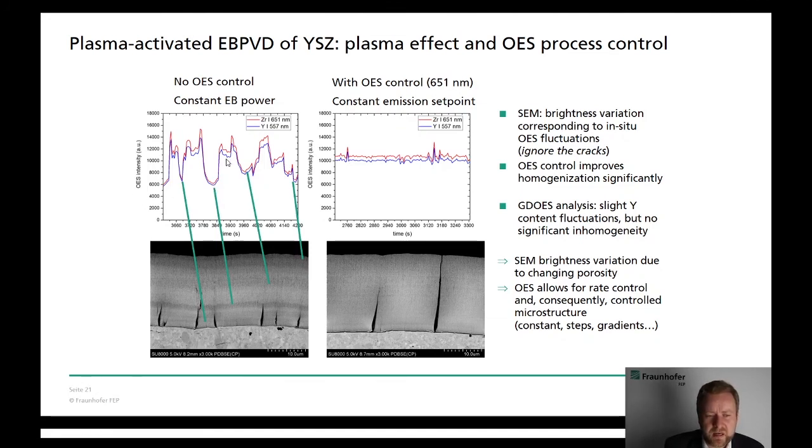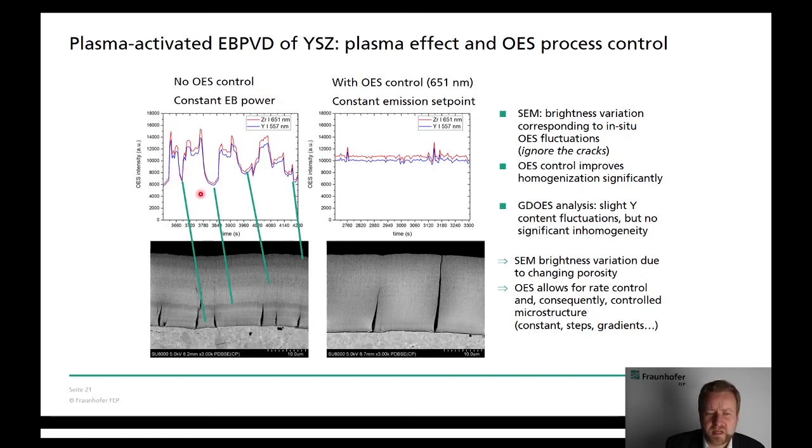On the left side, we see the process without OES control, so the EB power was constant. We had a quite remarkable fluctuation of the evaporation rate and consequently also onto the optical emission intensity, which we have recorded.